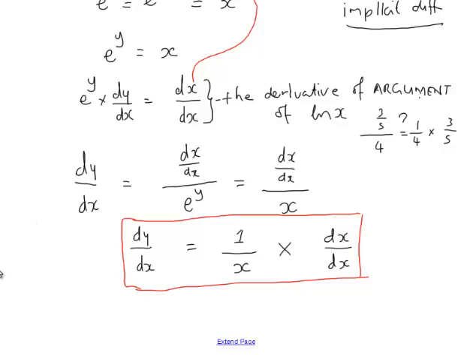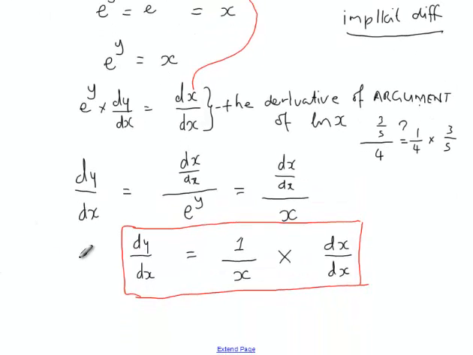Derivative of ln is 1 over the argument of ln multiplied by the derivative of the argument. Guys, it doesn't get more complicated than saying the derivative of ln is always going to be 1 over its argument multiplied by the derivative of the argument.